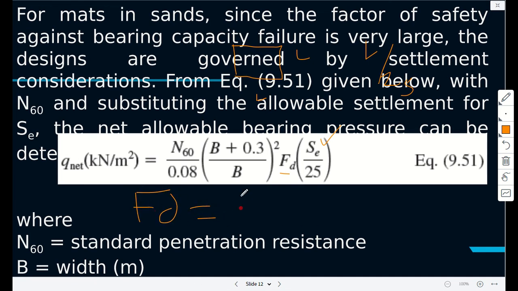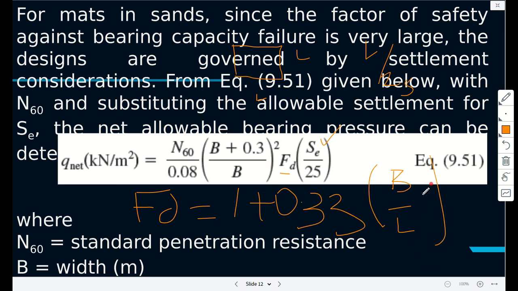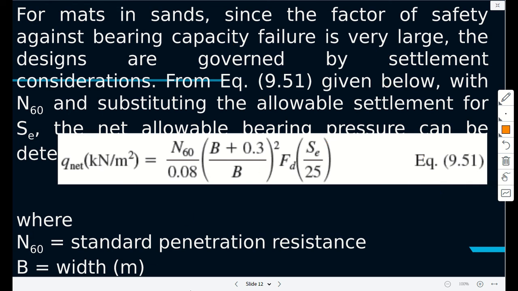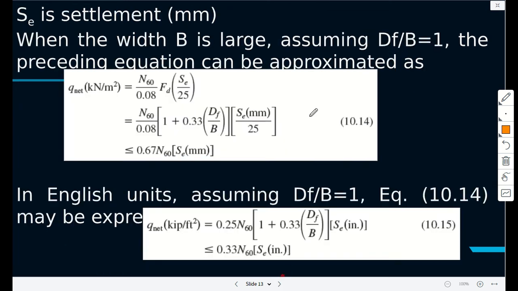FD is some factor, 1 plus 0.33, B over L, I think, if I remember. Anyway, FD is some constant you get in the notes. But these are empirical equations, just so you know.